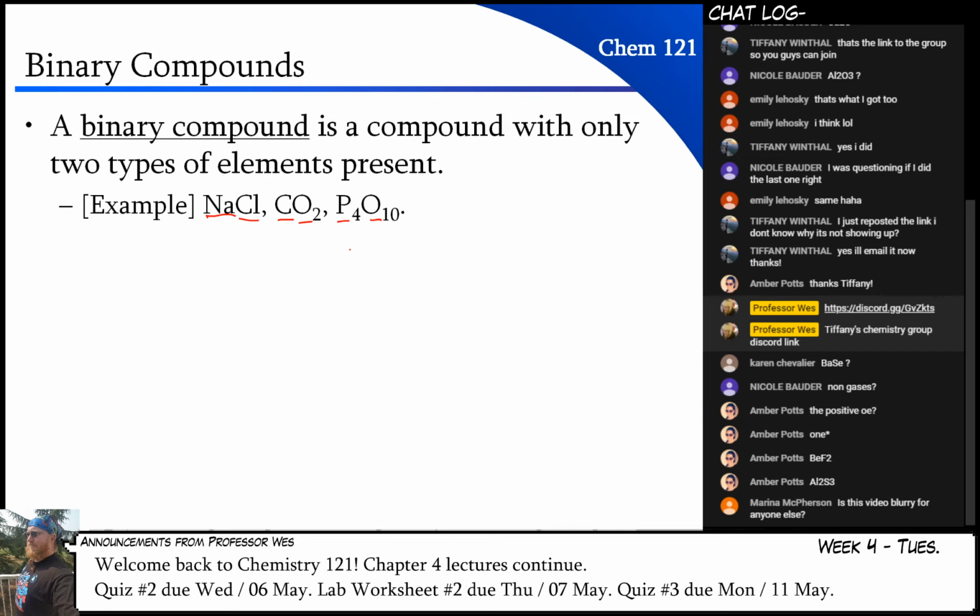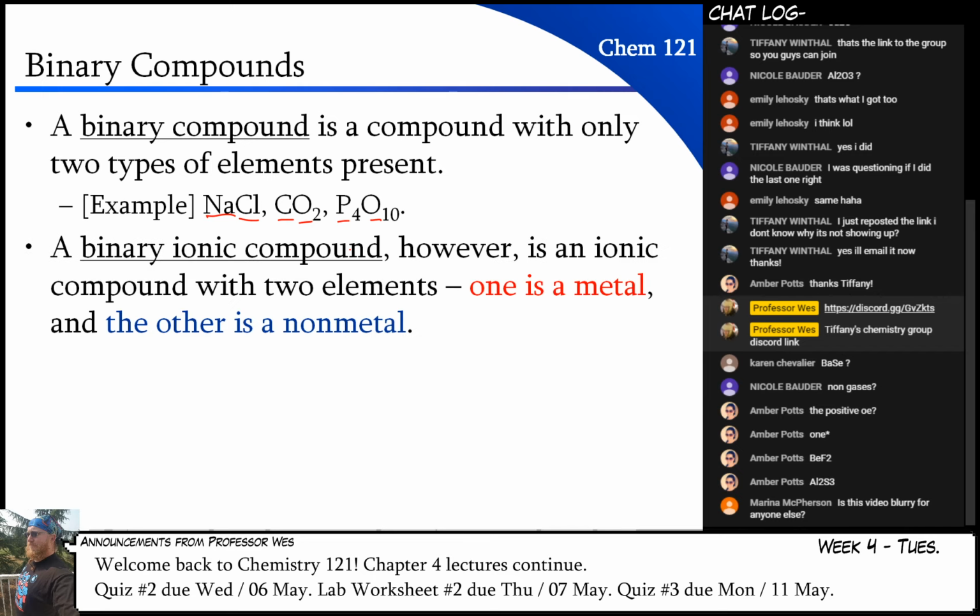The next thing that we're going to define is a binary ionic compound. A binary ionic compound is also binary, so there's only two elements, but there is one critical thing. One of those elements is metal, the other element is nonmetal. Now, this is actually the definition of an ionic compound right there in yellow.